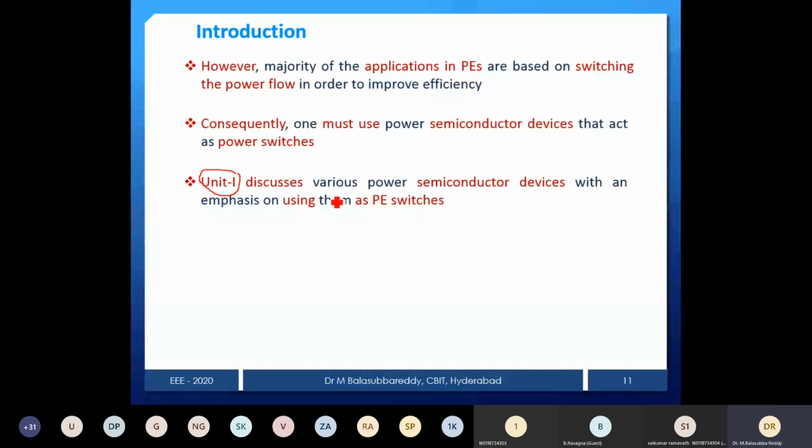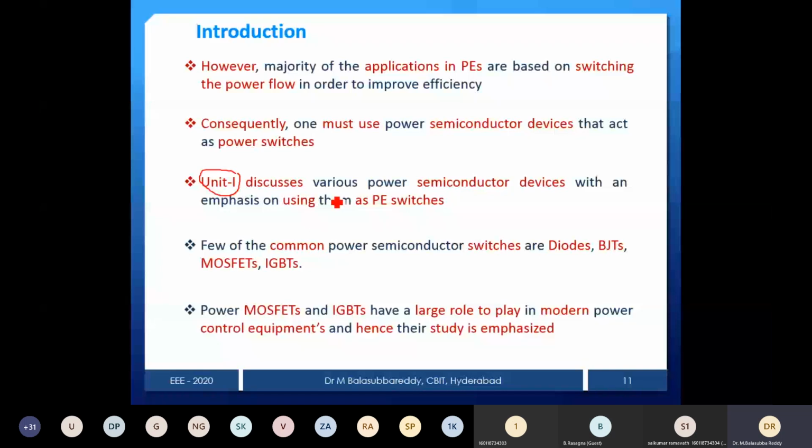The switches are diodes, BJT, MOSFET, IGBT, and power MOSFET and IGBT have a large role in modern power electronics. Instead of using the transistor and all, you may use the MOSFET and IGBT.